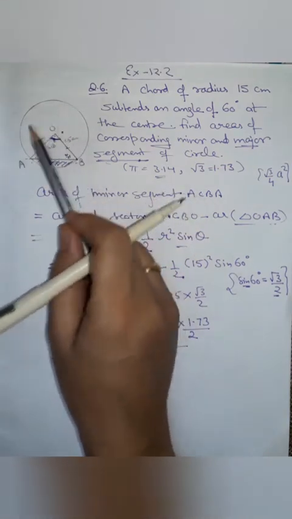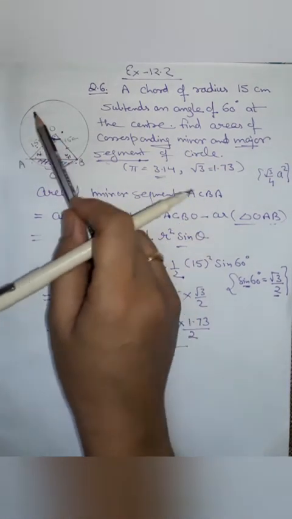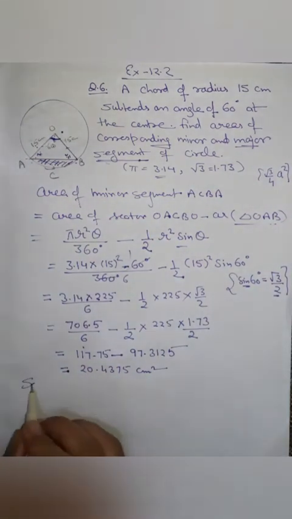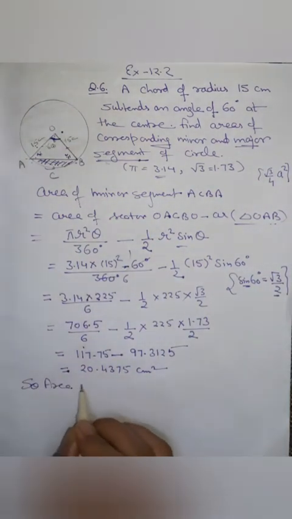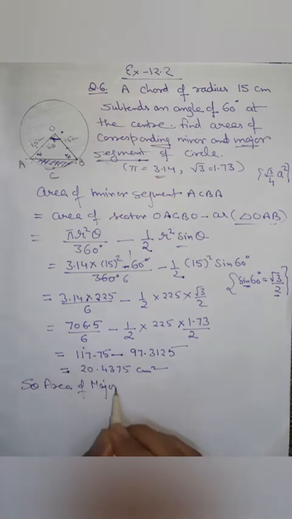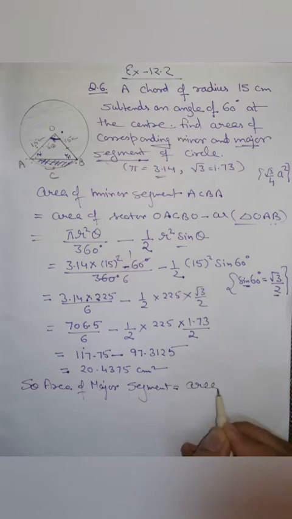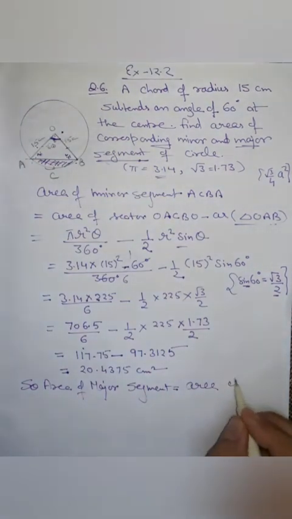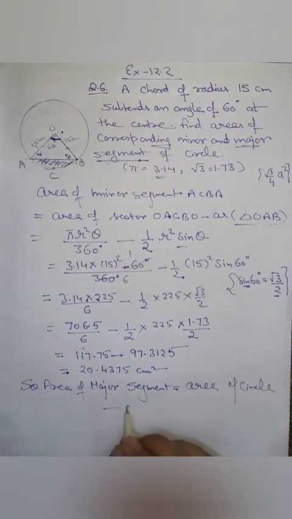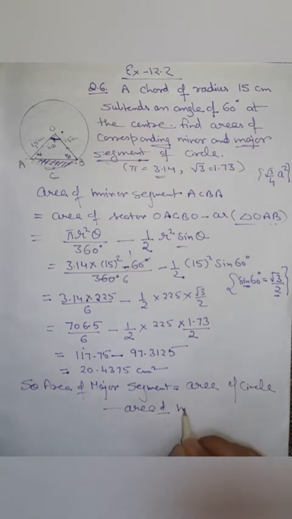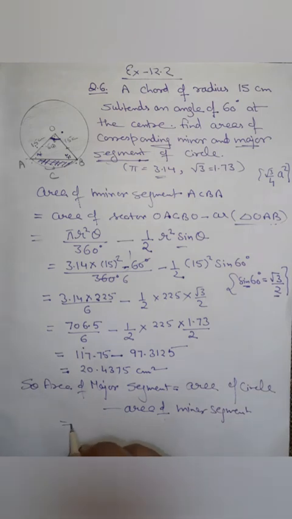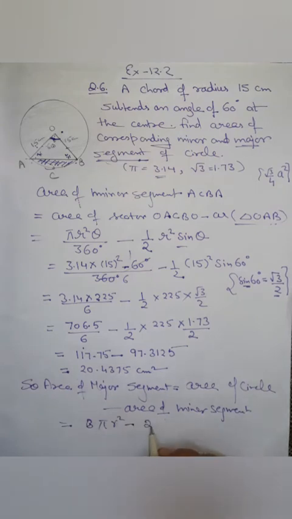So area of major segment will be equal to area of circle, this complete circle, minus area of minor segment. Area of circle, we know the formula, pi r square. Firstly you write pi r square minus minor segment area.